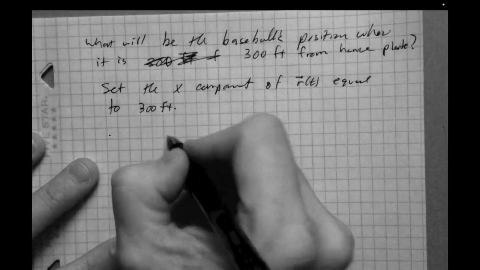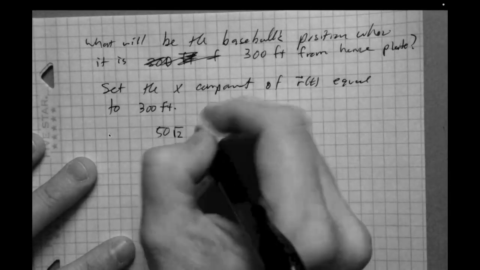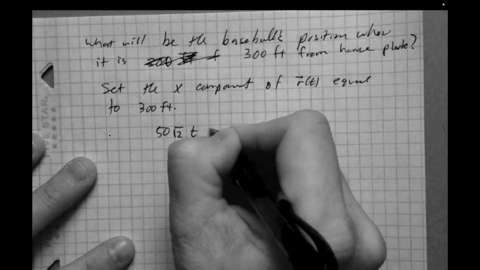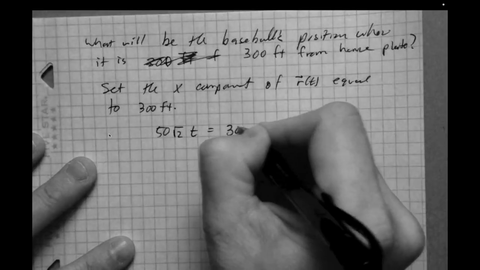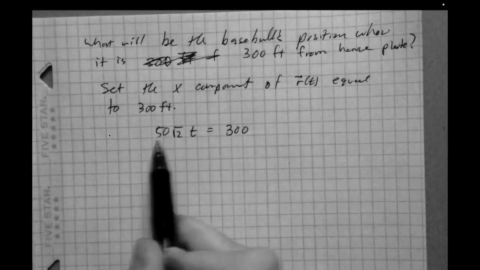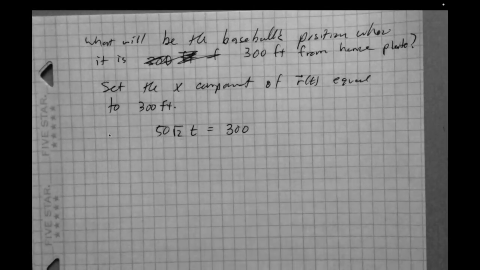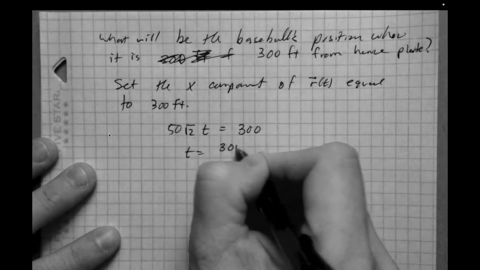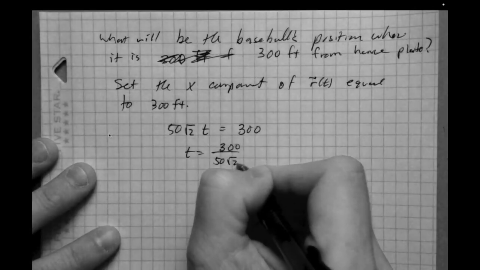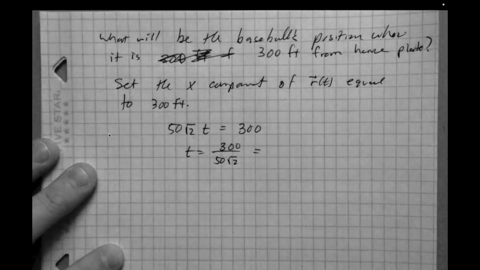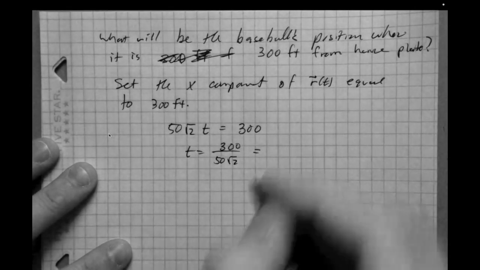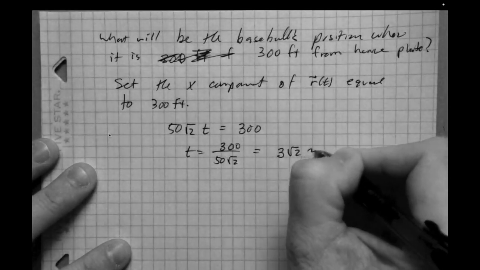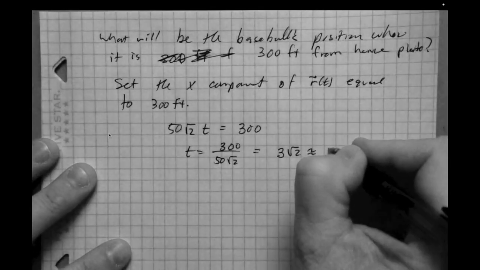So that means we say 50 times the square root of 2 times t is equal to 300. I just pulled this right off of the x component of the position vector. So that means t would be 300 divided by 50 times the square root of 2. Okay, and so that is going to be 3 times the square root of 2, approximately 4.24 seconds.